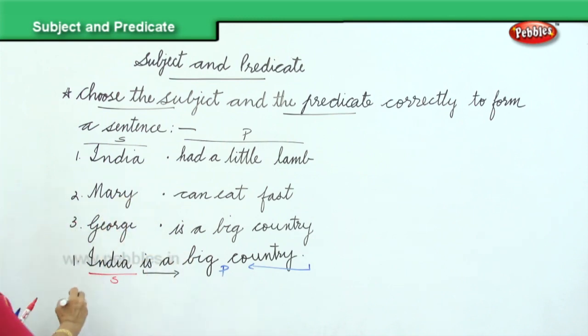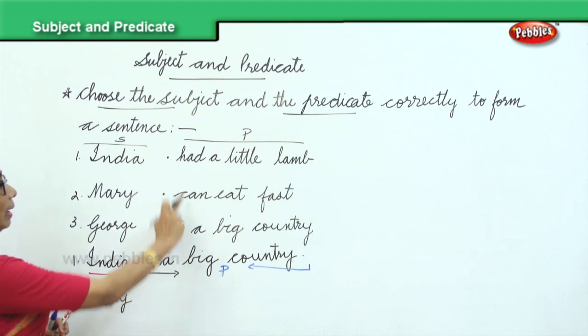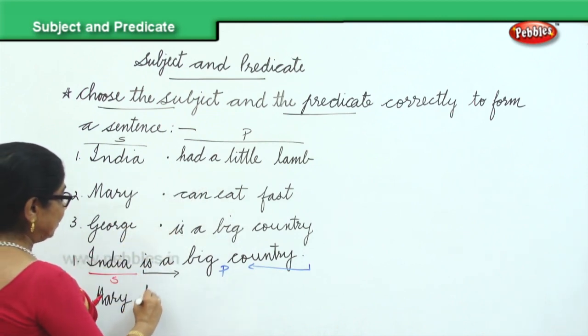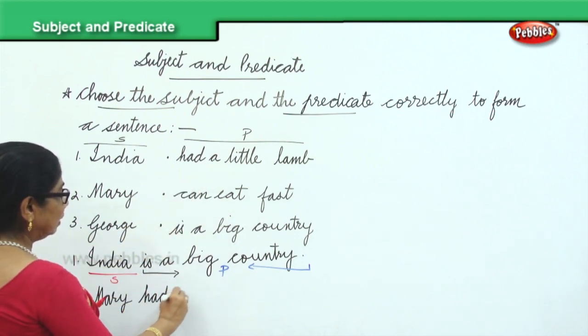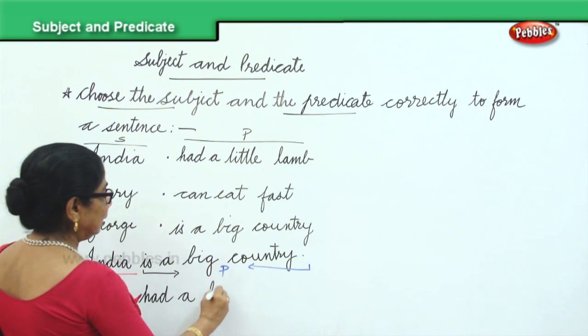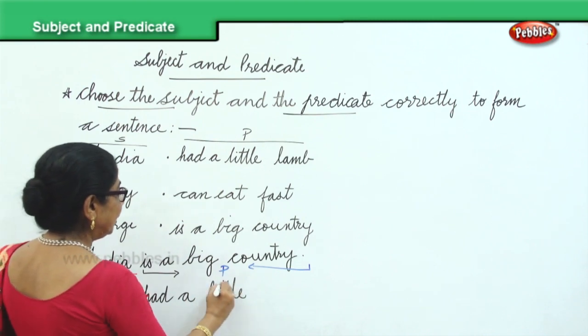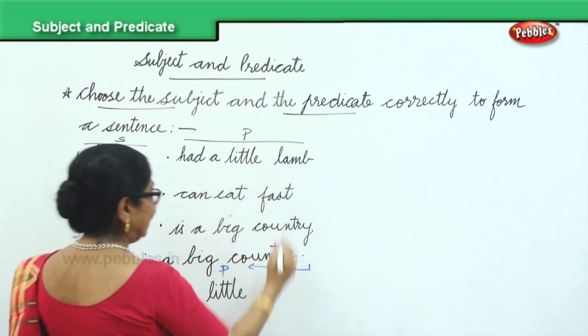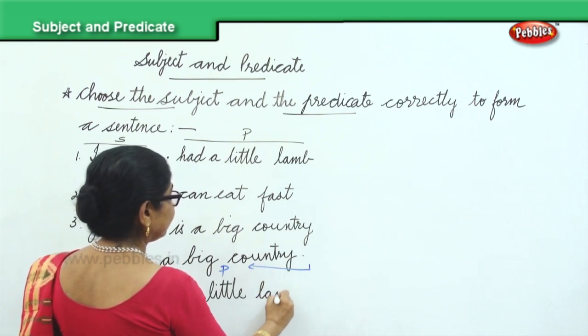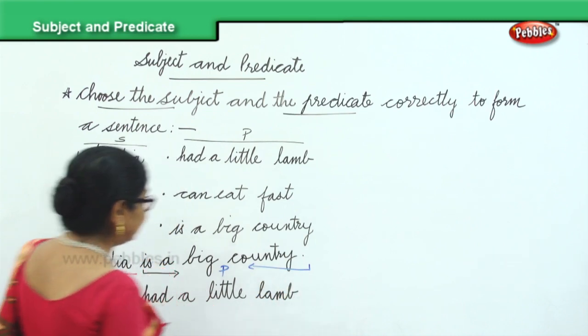And the next one we have is Mary. Had a little lamb. Mary had a little lamb. What should we remember?